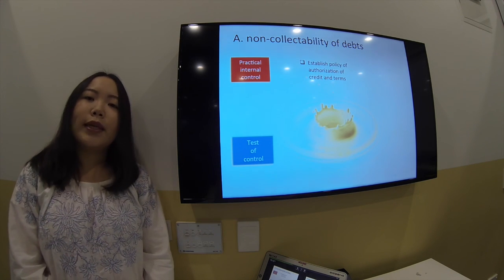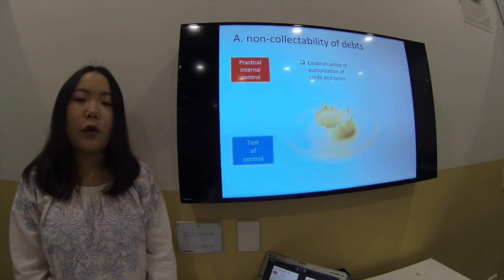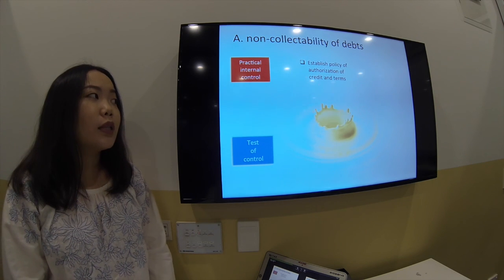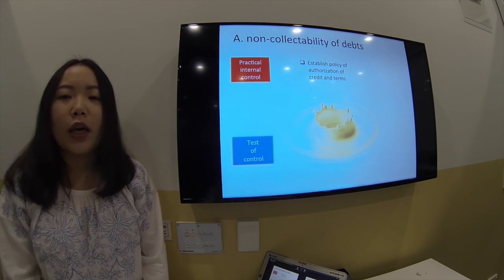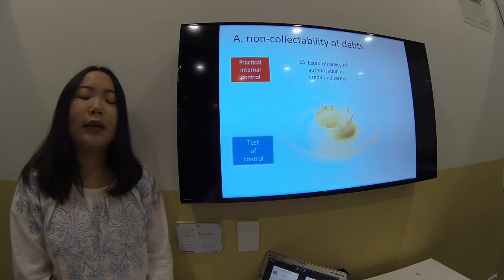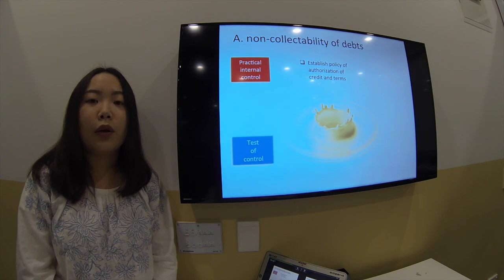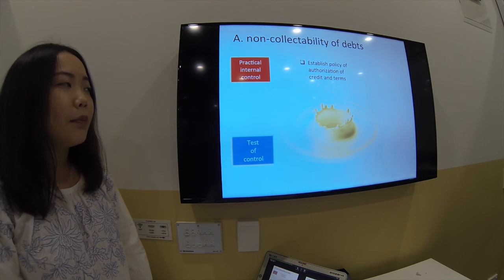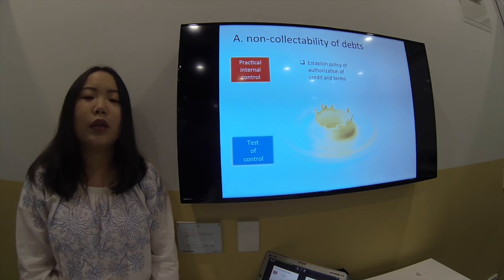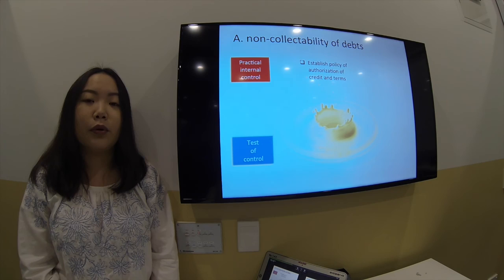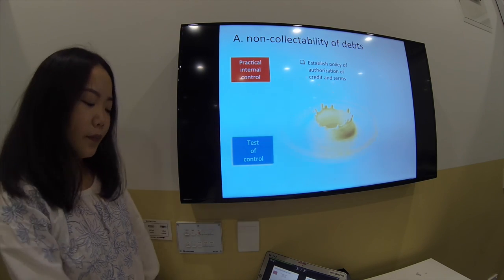Firstly, I would say it's a preventive control. Secondly, apart from doing this, the business should ensure a customer credit limit check before each sale to make sure that the credit limit will not be exceeded. To some extent, bad debts may be reduced through those strict credit approval procedures.